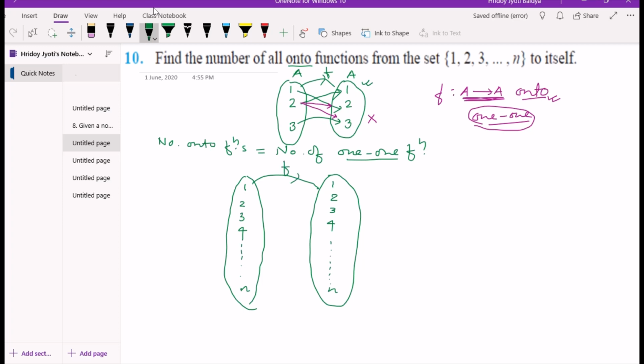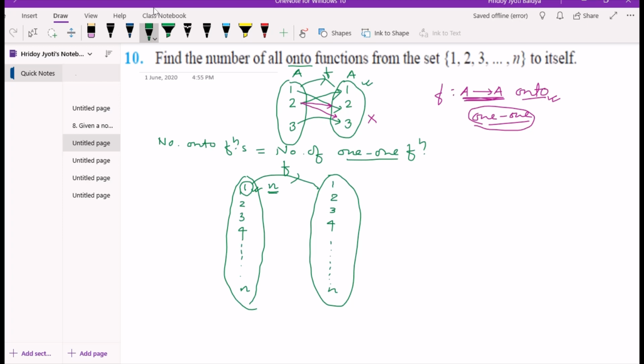Now we'll try to find out the number of one-one functions instead of onto, because they are the same. Suppose I wish to find out how many ways I can connect this 1 to any one of these. Since it is one-one, it can be connected only to one of these elements in the codomain, right? So how many options will this 1 have? Obviously n, it can be connected to any one of these n. So 1 can be connected in n ways.